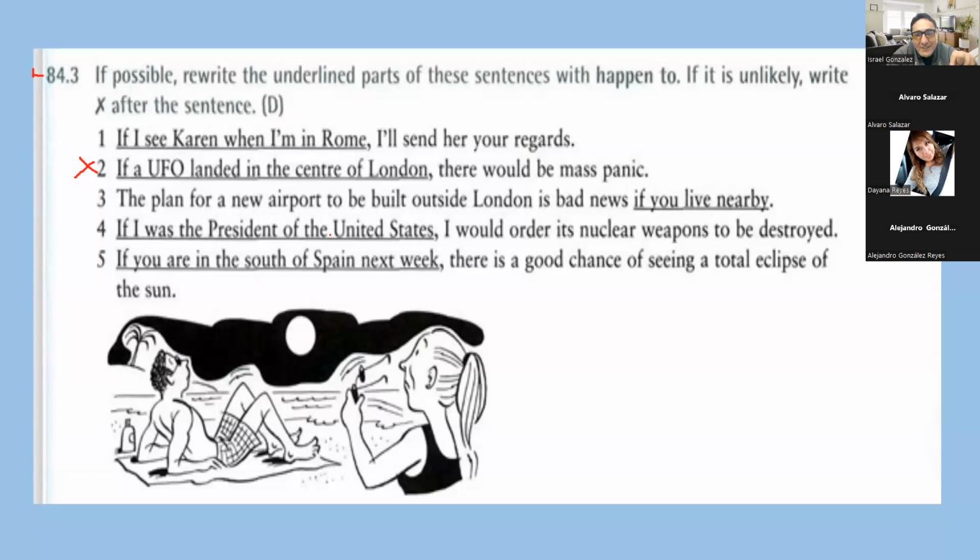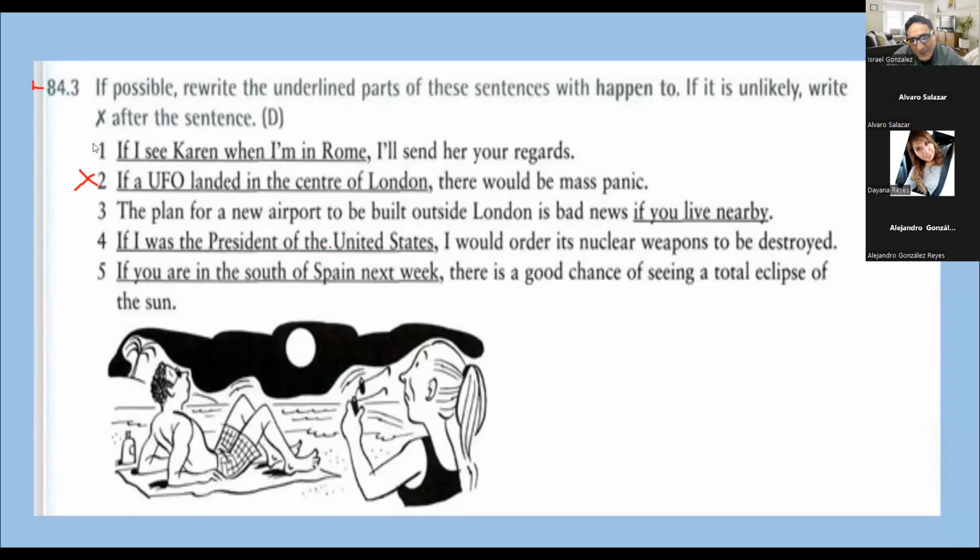But in the second sentence, you don't think there is any chance, and you don't even have something that says that it is going to happen. That is why I think in the first one it could be possible. If by any chance you happen to see, so I think it is possible. But in number 2, not really.